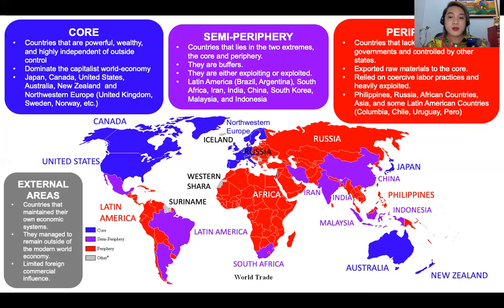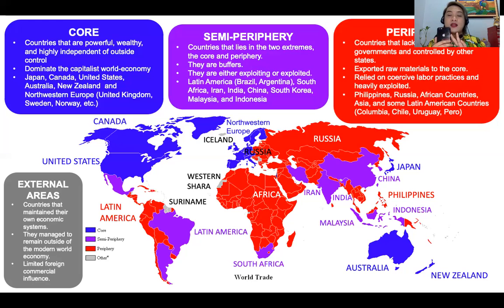Now, after the periphery gathered the raw materials, they will be transferred to the semi-periphery. The semi-periphery is the manufacturing component of the modern world system, which manufactures the raw materials into a phone.